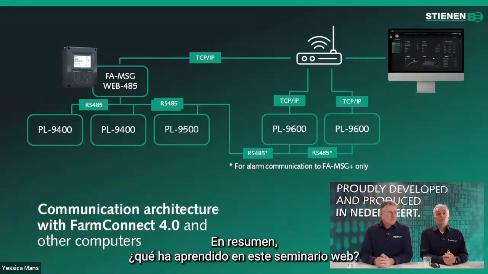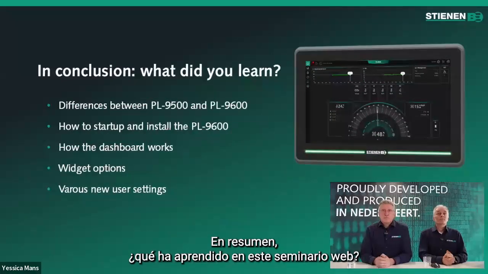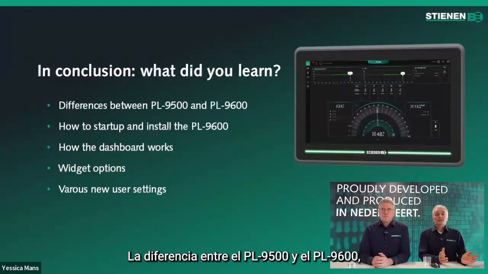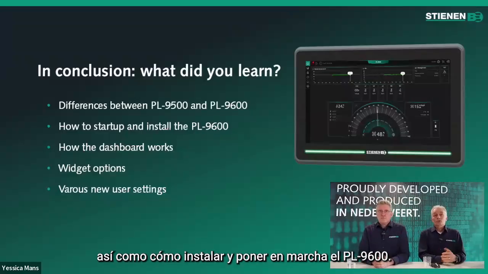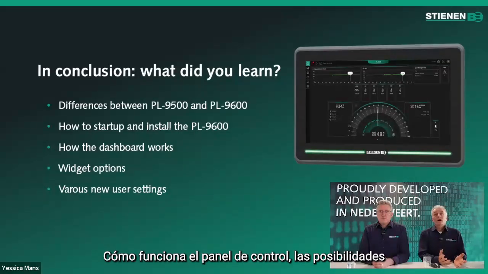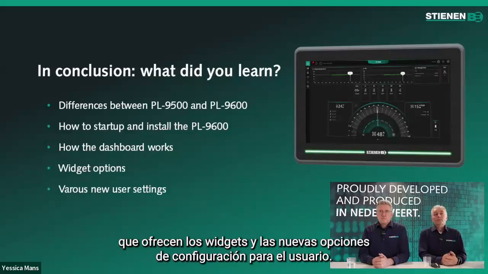In conclusion, what have you learned in this webinar? The difference between the PL-9500 and PL-9600. How to start up and install the PL-9600. How the dashboard works, the possibilities with the widgets, and various new user settings.